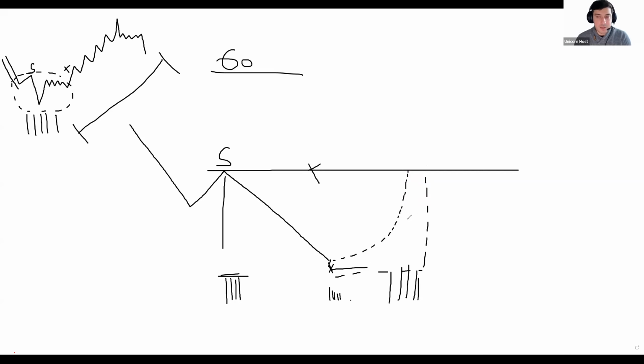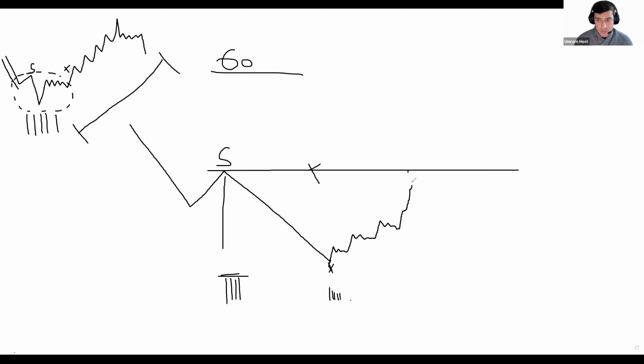There are instances where price could do this. Price could do that, and then the closer it goes, let's say somewhere here, at the face of the last seller, and then higher volume begins to come in.